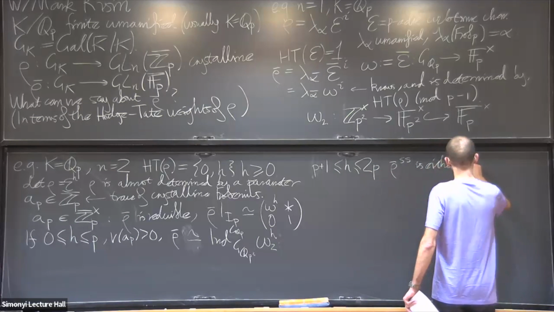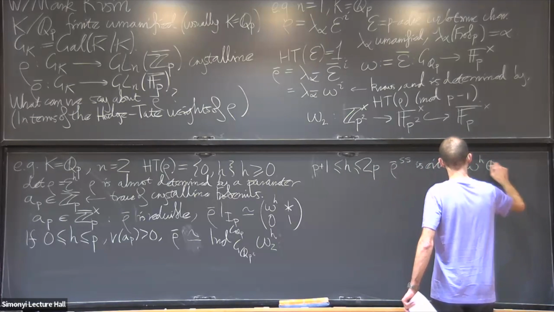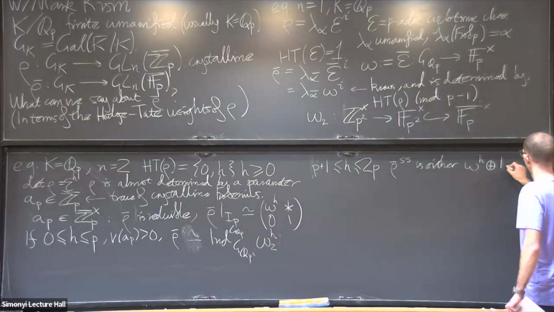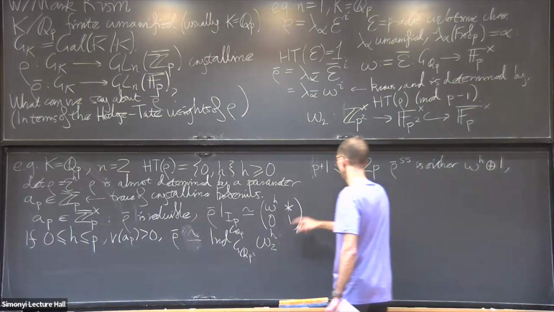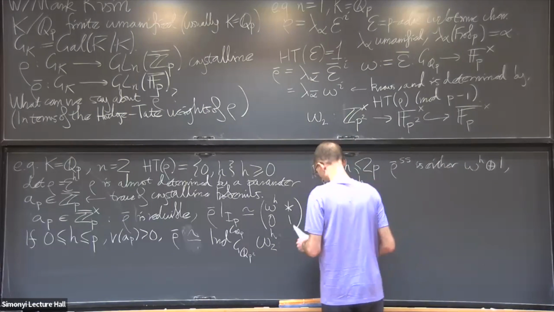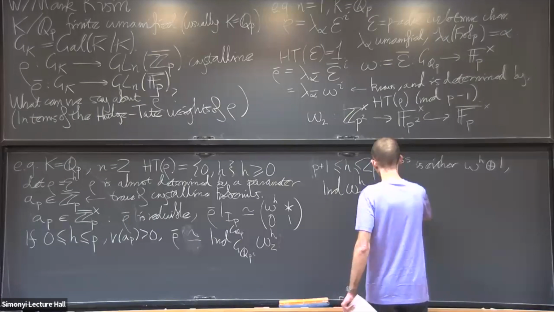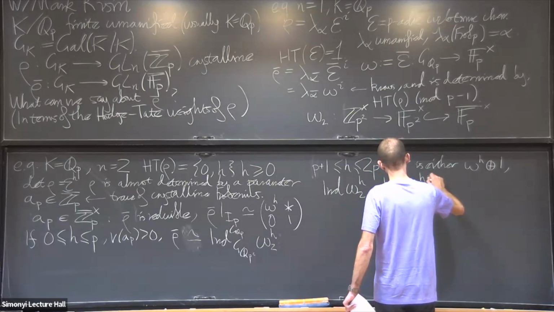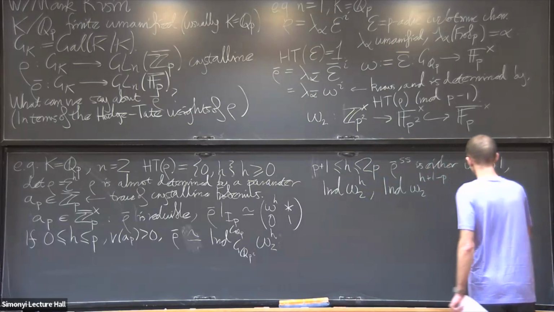So now for semi-simplifying, it could be this niveau 1 thing, that's the sum of the trivial and the omega to the h. It could be this induction of omega 2 to the h. That could still happen. It could also be the same induction, but now translated by 1 minus p.